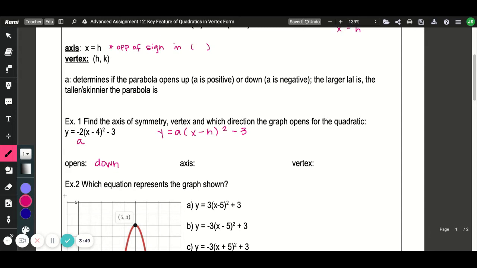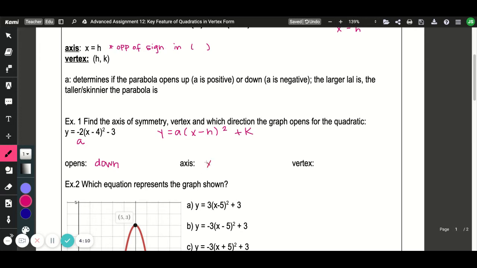Our axis of symmetry, that's plus k. Our axis of symmetry is x equals h. H is the number that's inside the parentheses with x. And it's the opposite of the sign in parentheses.